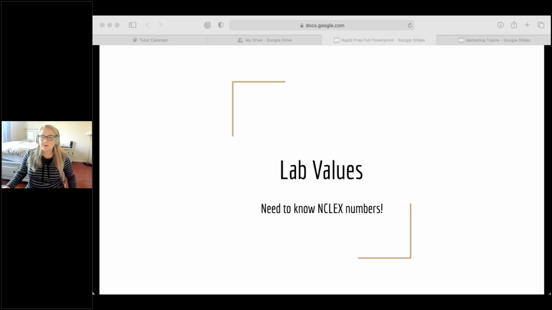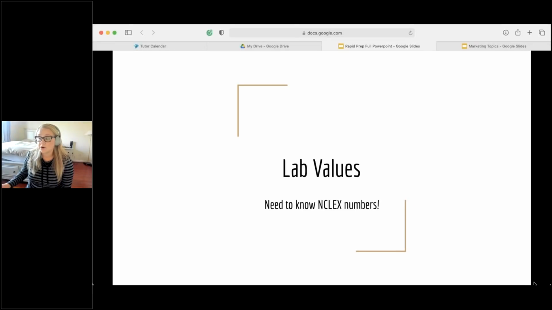I'm a really big proponent of always understanding what you're evaluating and what it means. It's one thing just to memorize content and try to regurgitate that on a test, but it's pretty hard to pass your NCLEX with only memorization. Yes, you need to memorize these numbers. It's great to make some flashcards to do that.